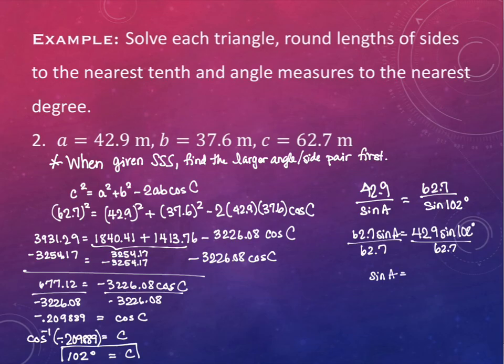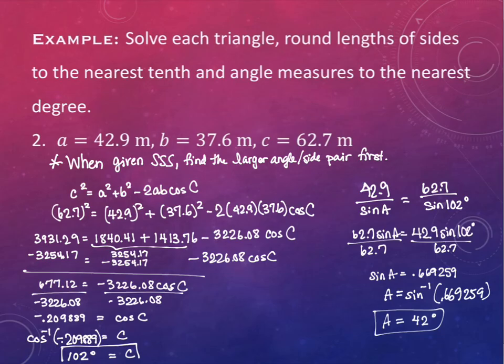So the sine of A with 6 decimals is 0.669259. And then how do I find angle A? Inverse sine, yep. And it should be 42 degrees.